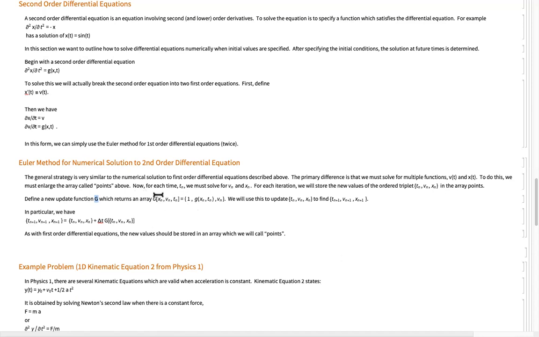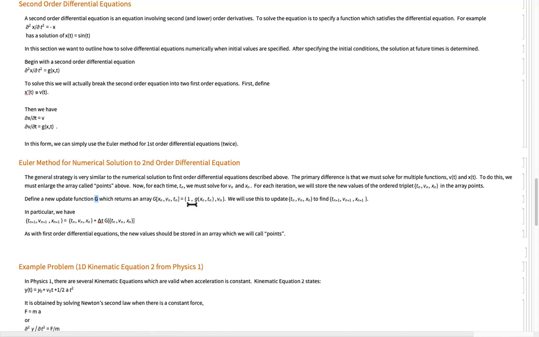And the way I ordered this is time was the first slot, the first entry, V was the second entry, and X is the third entry. So I've kind of swapped the order of these two when I put them into my array for no particular reason. It's just what I did, so you understand what I'm doing.